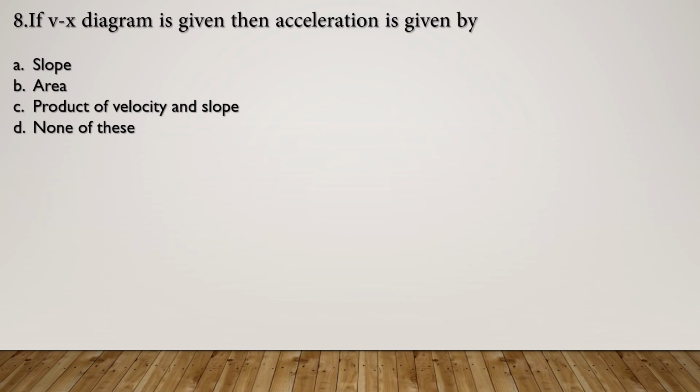Question number 8. If Vx diagram is given, then acceleration is given by. Vx diagram means they are giving this diagram. V is plotted along y-axis, x is plotted along x-axis, and this is the Vx diagram. It may have any shape like this.